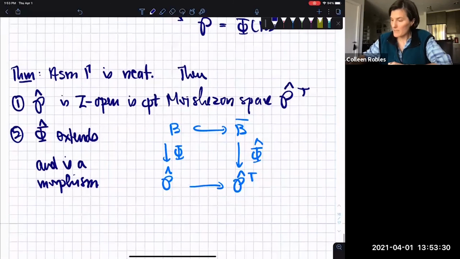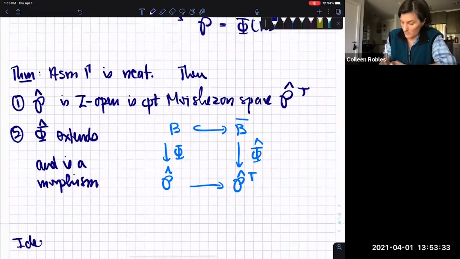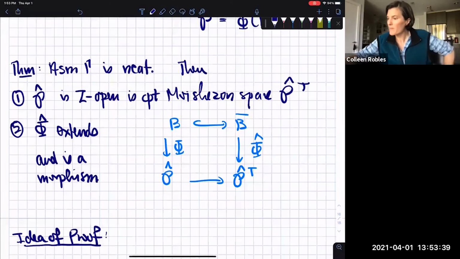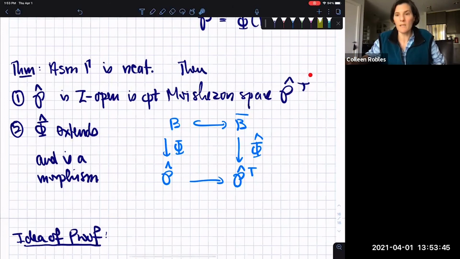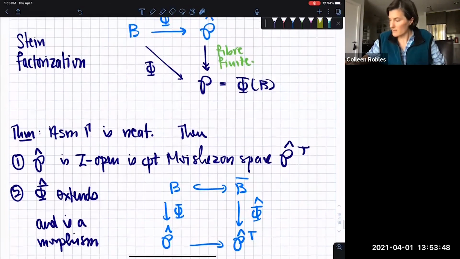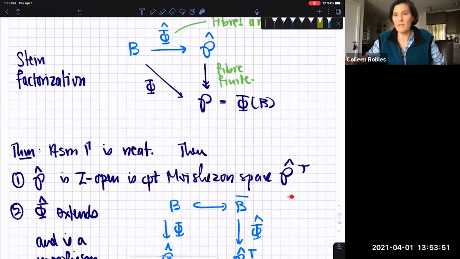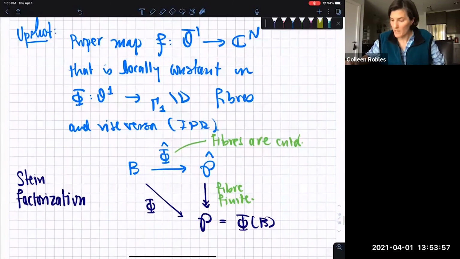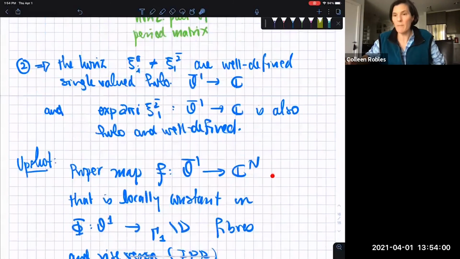So let me sketch the proof for you, the idea of the proof, which is quite simple now. But before I do that, let me also mention why there's a superscript of T here. So what does this space that we construct parameterize? This space is going to be constructed so that it parameterizes fibers of this map F. So that means that it's going to parameterize, up to constants of integration, the period map and the limiting mixed Hodge structures at infinity.